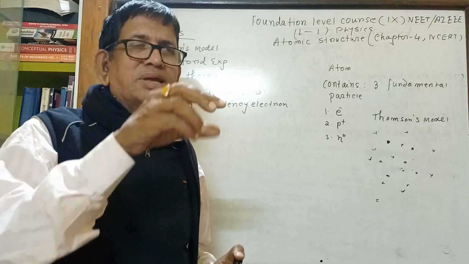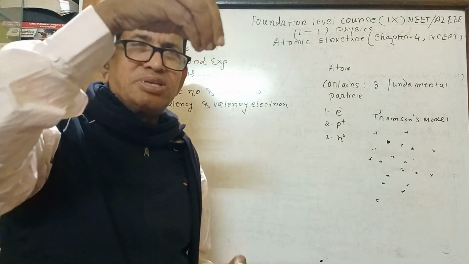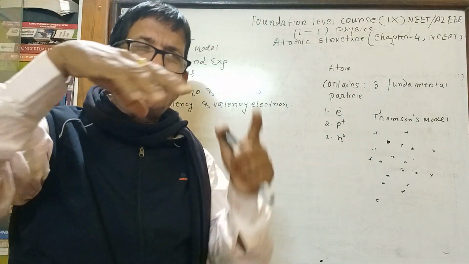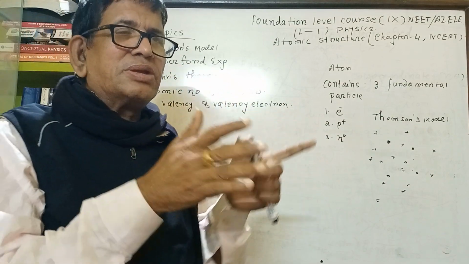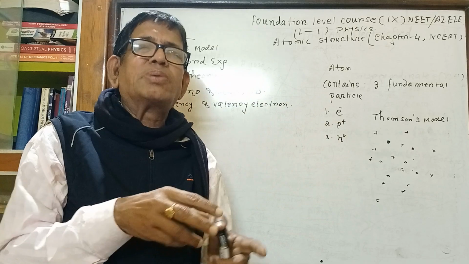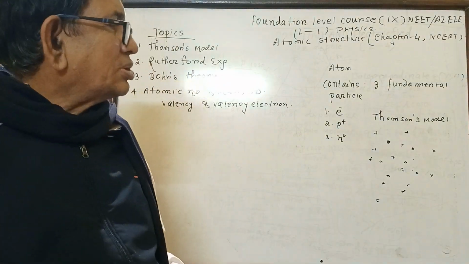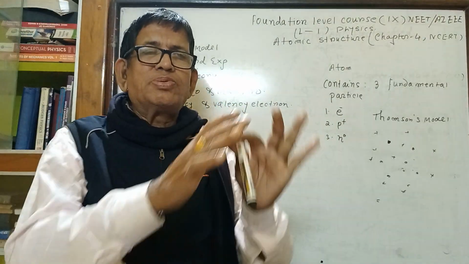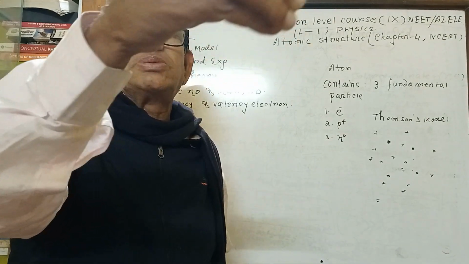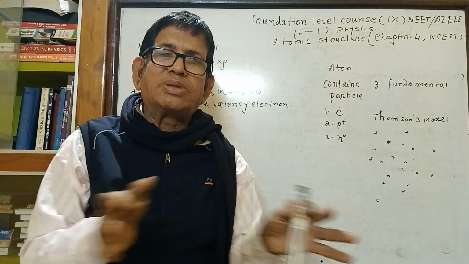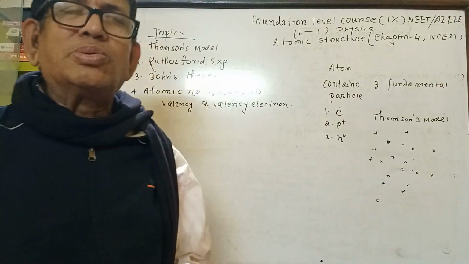In the pudding model, the pieces of cherries distributed over the pudding give you the presence of electrons, and the numbers of electrons and positive particles distributed over the pudding are equal. If the cashew nut gives the positive sense and the cherry gives the negative, then both are equal to make it neutral.